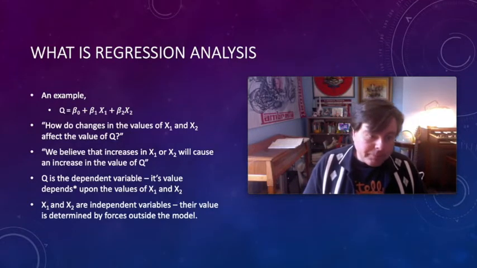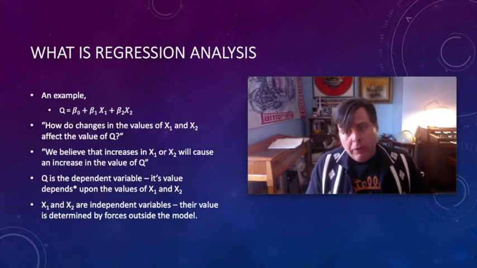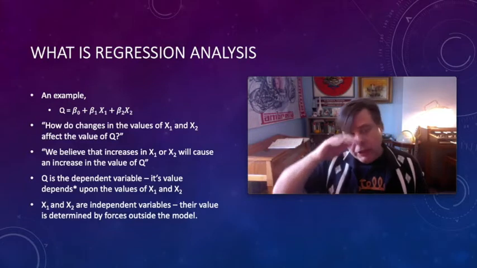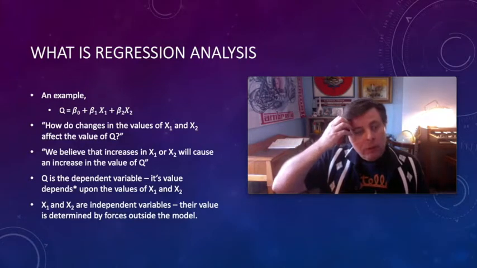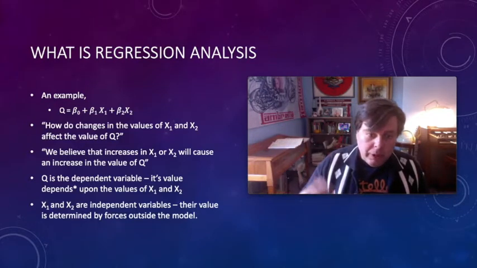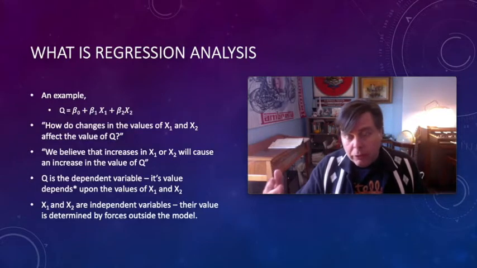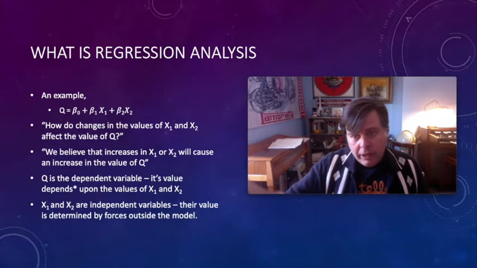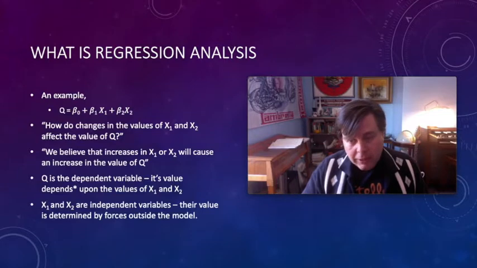We're going to talk a lot more about this in a couple lectures from now when we talk about the assumptions of regression analysis. But x1 and x2, we're assuming, are independent variables, and their values are determined by forces outside of this model. That is, we're assuming that changes in q aren't causing changes in x.